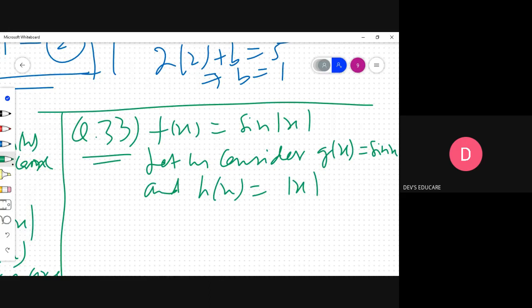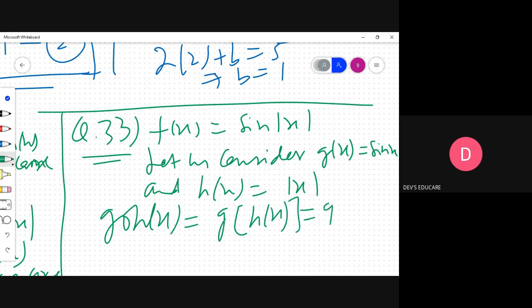So let us take g of h(x). h(x) is mod x, and g(x) is sine x, so in place of x we put mod x. So it becomes sine of mod x.